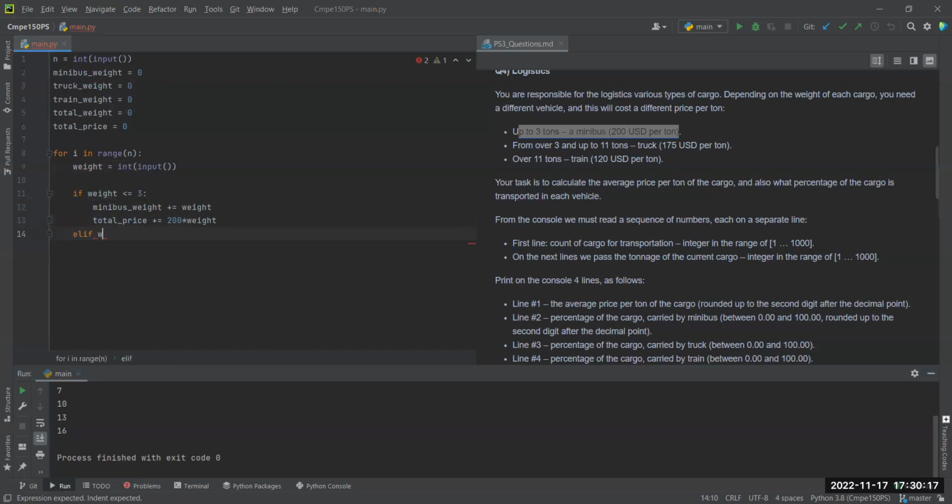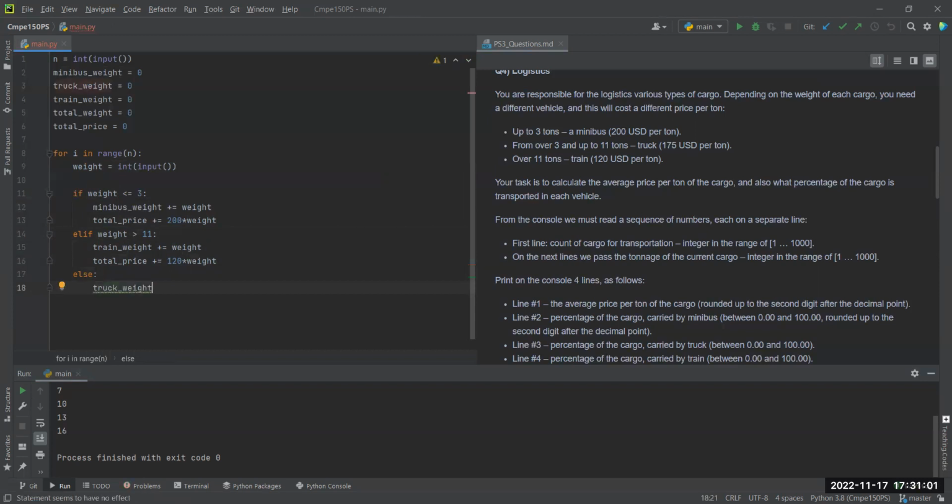Else if this weight is over 11 tons, so it should be larger than 11, I should add my weight to the train weight, because it should be transported by train, and the total price should be incremented by 120 times weight, because this price is for the train logistics. And I'm just writing an else, because this else represents the only option, which is the truck.